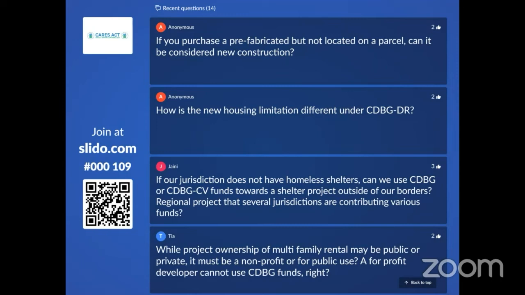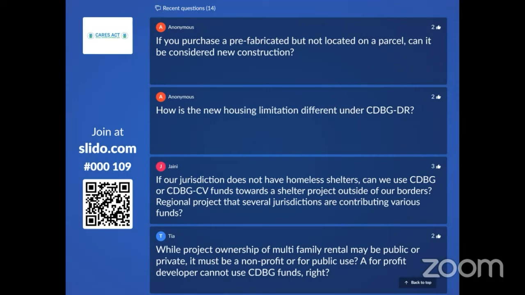If you purchase a fee but it's not located on a parcel, no, that's not considered new construction. Usually, to be part of the community's permanent housing stock, it's not usually owned by a person unless it's being rehabilitated.